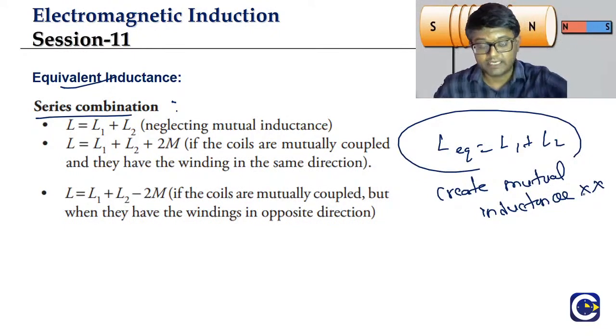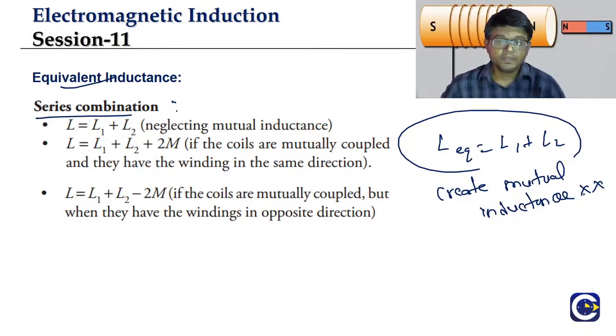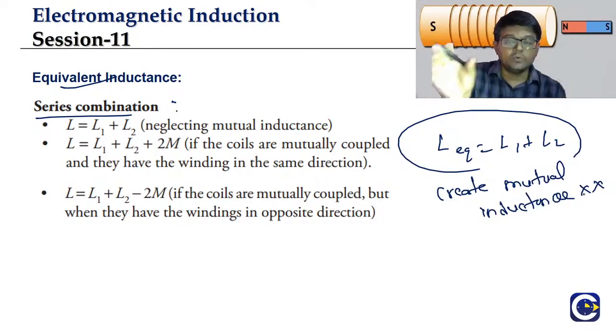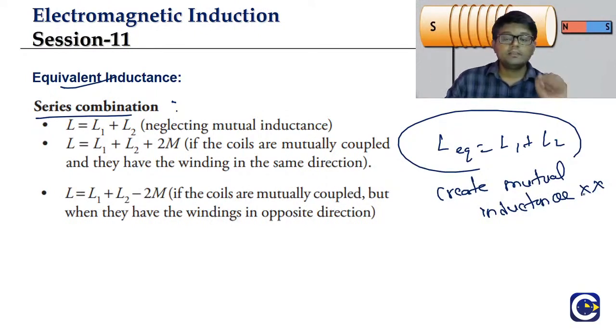L1 plus L2. But if the mutual inductance also exists, like when two coils are nearby, then we will not be able to neglect the mutual inductance. In that case, how are we going to find the L equivalent?